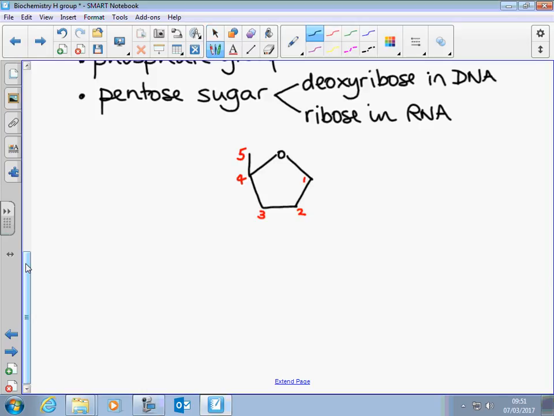The other thing that we have in a nucleotide is a thing that is vaguely called a nitrogenous base. There are 2 different types, and there are 5 different versions.